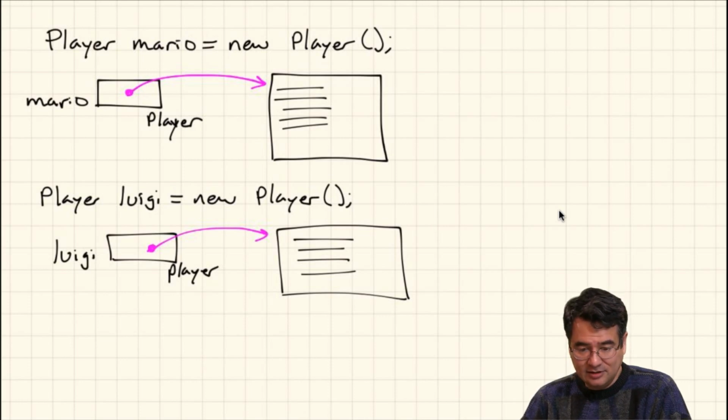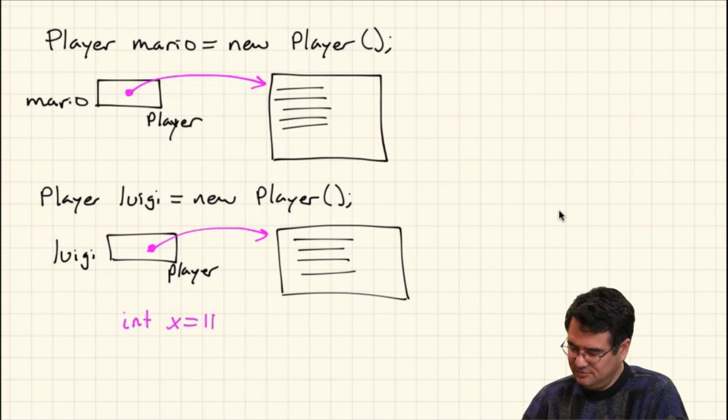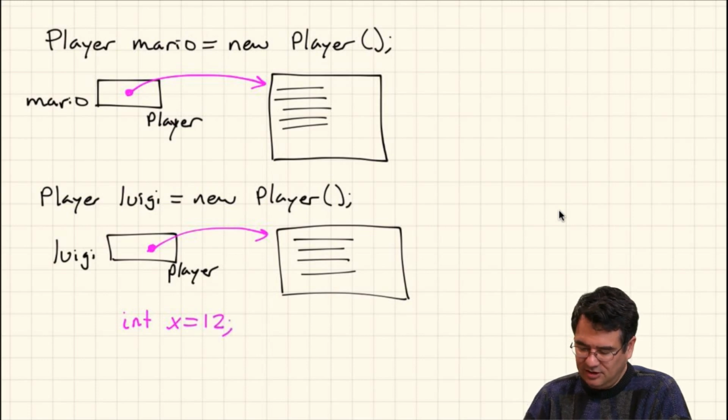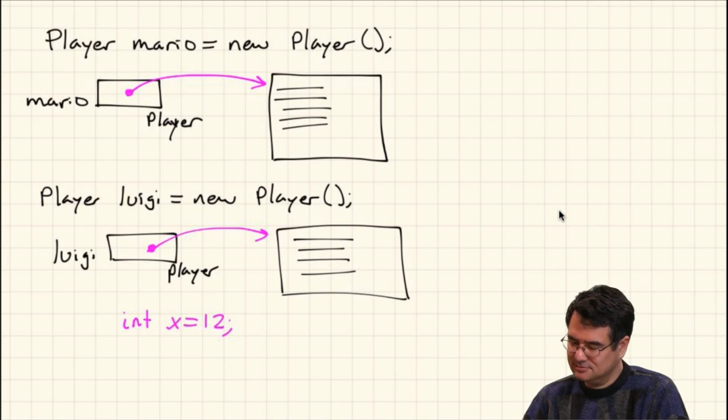So really, this statement is no different conceptually than saying int x equals 12. This statement says, take the value of 12 and put it into the box labeled x. This statement says, take the value returned by new player, which is the address of the object, and put it into the box labeled Luigi. That's all it's doing.